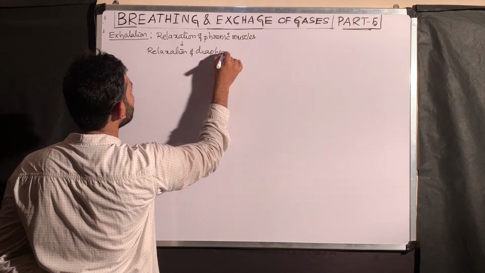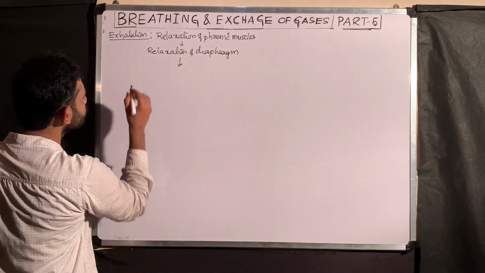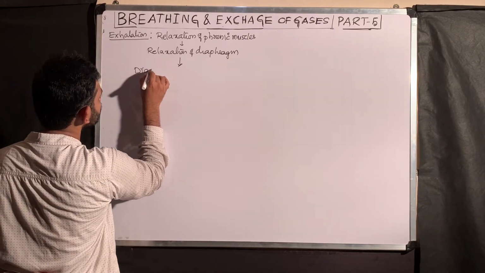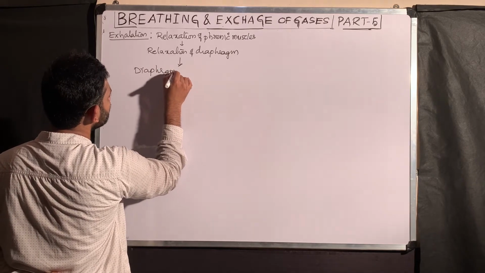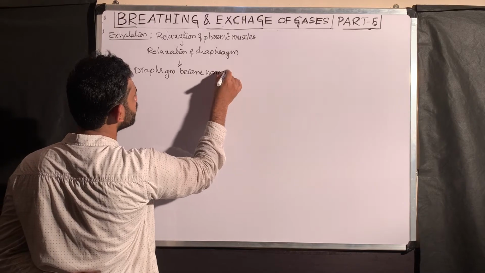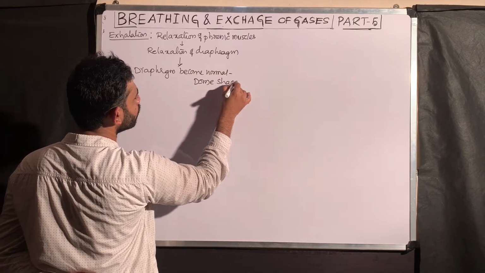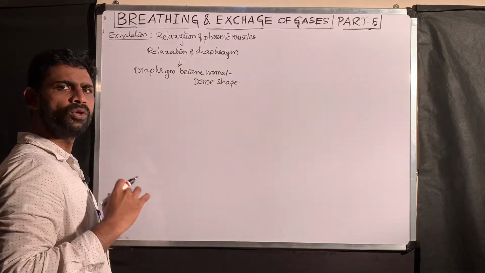Relaxation of the diaphragm means the diaphragm becomes normal again. Becoming normal means it becomes dome shape. It obtains the normal shape. Generally, the diaphragm is a dome shape.